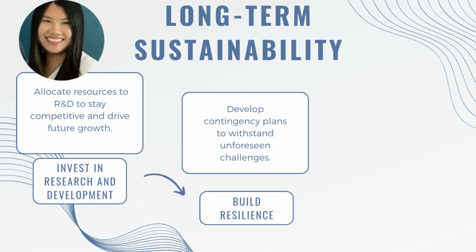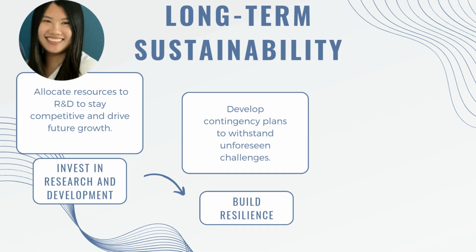For build resilience, you want to develop contingency plans to withstand unforeseen challenges, and this acts as a core outcome of the other strategies and a necessary condition for long-term sustainability. Business resilience is the ability to withstand and recover from disruptions, challenges, and unforeseen events.